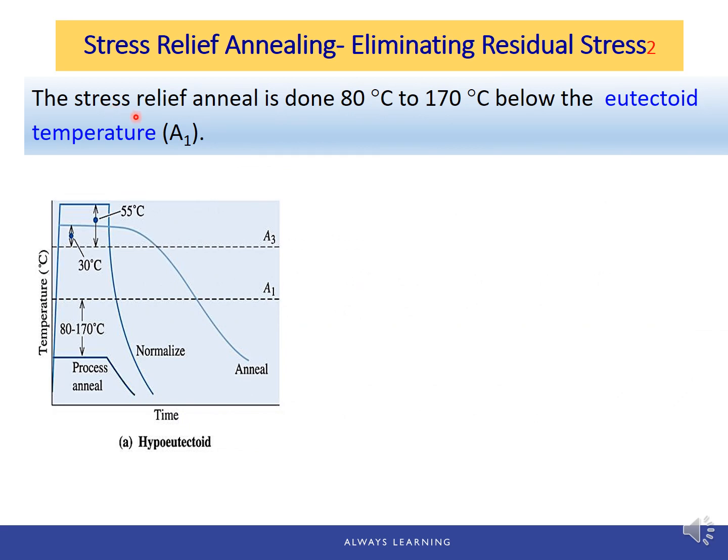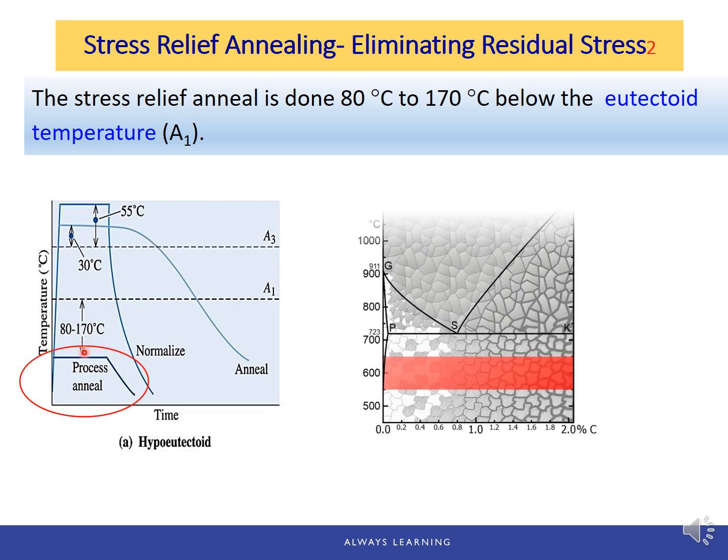The stress relief annealing is done at about 80 to 170 degrees Celsius below the eutectoid temperature, which is this A1 line on this time temperature diagram. So the specimen will be placed into a furnace at the controlled temperature.